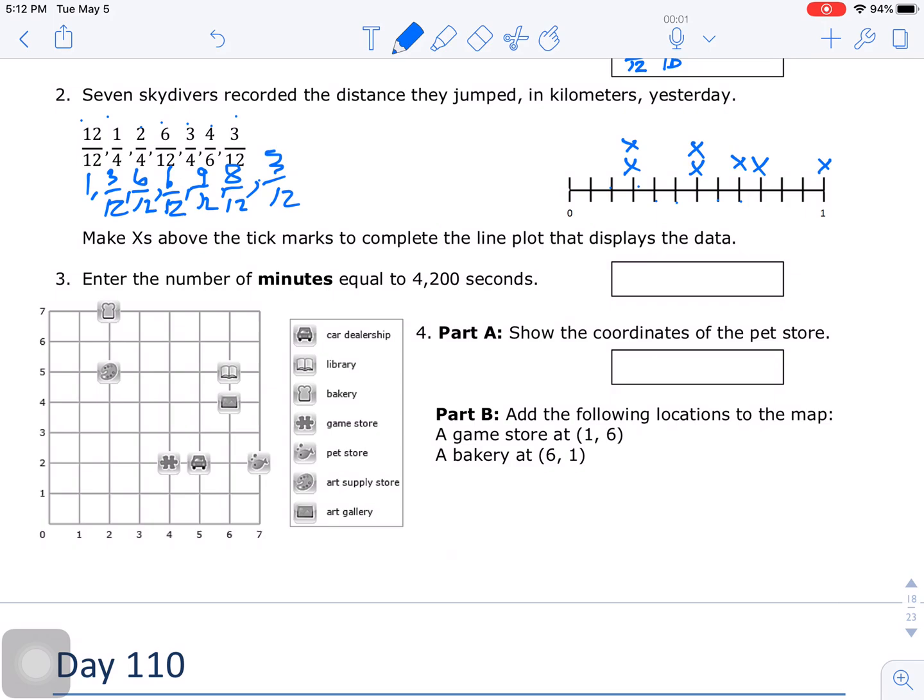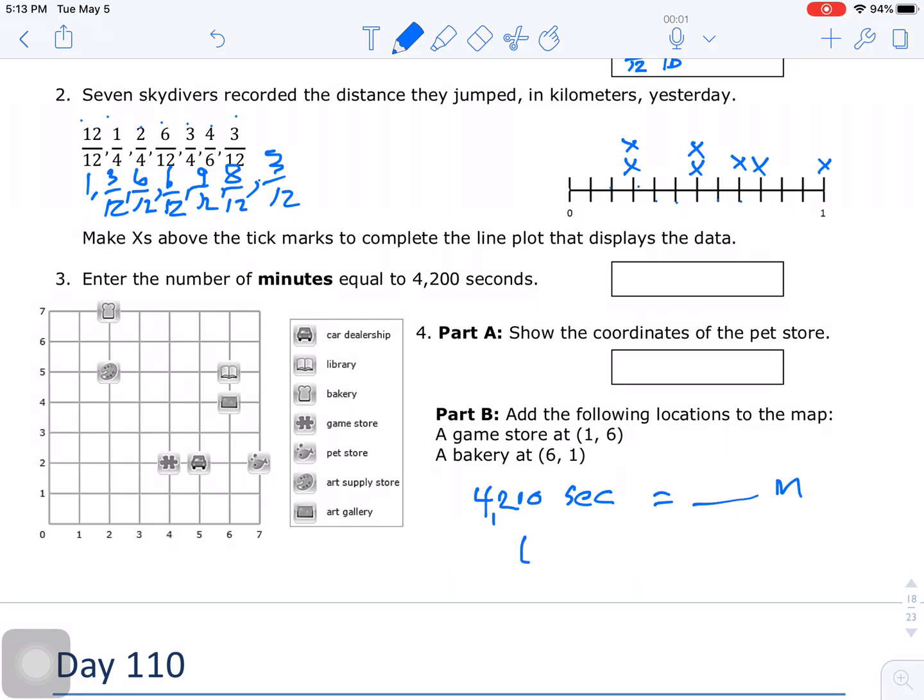Okay, for problem number 3, enter the number of minutes equal to 4,200 seconds. And I'm going to do that down at the bottom here. So I have 4,200 seconds. And we want to know how many minutes that is. So the first thing I need to know is, what is my conversion of seconds to minutes?